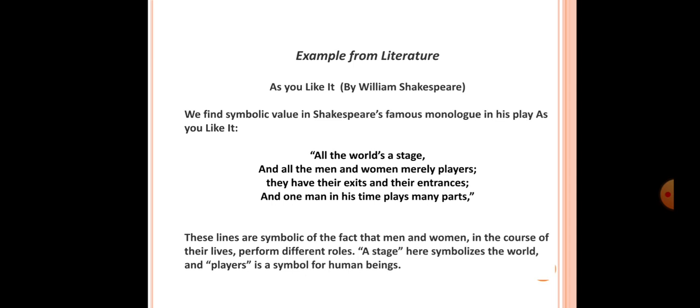Now, these lines have symbolic meaning. These lines are symbolic of the fact that men and women in the course of their lives perform different roles. They are the players, they are the actors, and this world is like a stage. A stage here symbolizes the world, and players stand for human beings, for men and women.